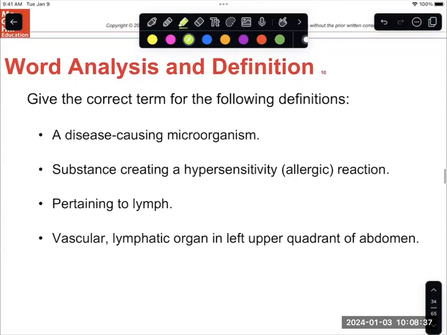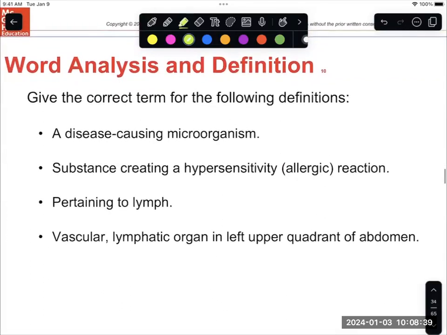Let's start with figuring out what words we are describing here. A disease causing microorganism is a pathogen. Substance creating hypersensitivity, that allergic reaction, is known as an allergen.